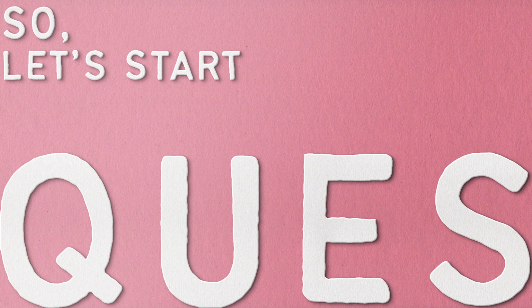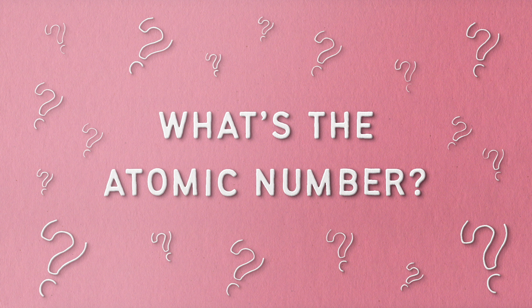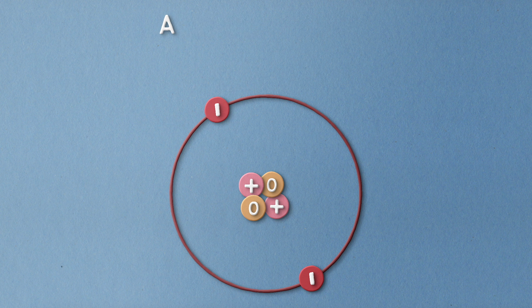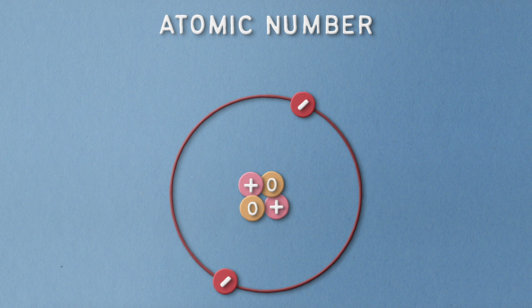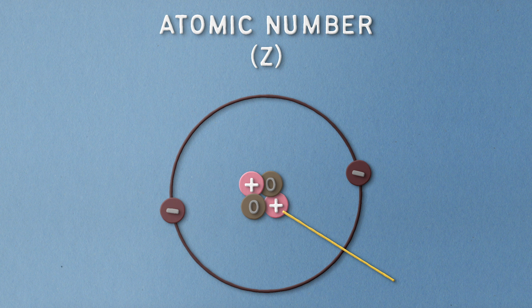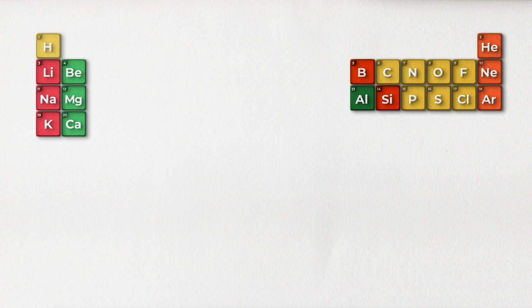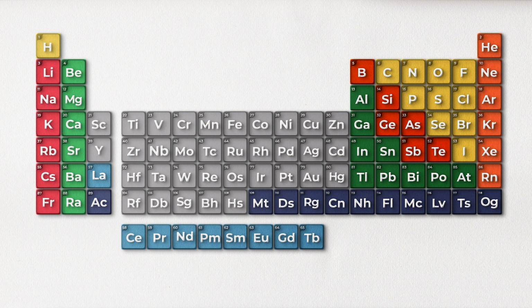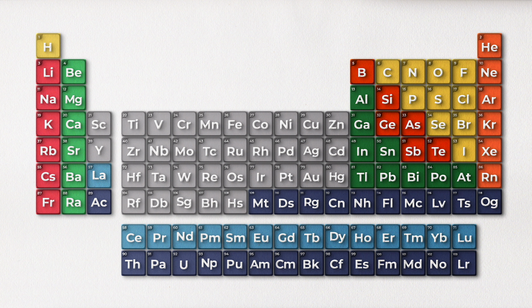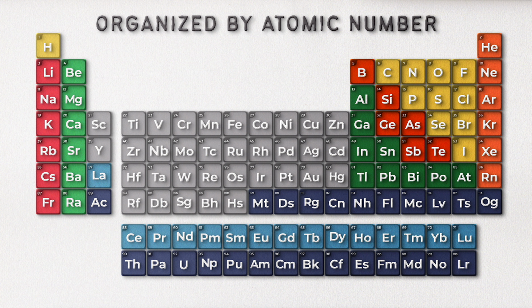So let's start with a question. What's the atomic number? The atomic number, designated by capital Z, refers to the number of protons in the nucleus of each element. You can figure out the atomic number simply by looking at the periodic table. The periodic table is organized by atomic number.